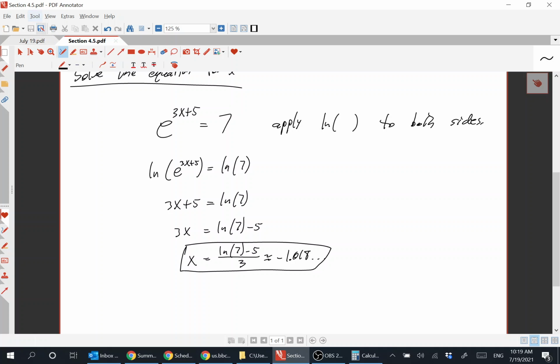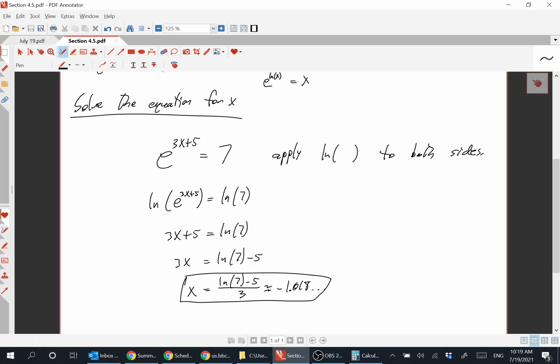Okay, so that's a simple equation where we have an exponential function equal to a constant, and you want to solve for the x in that exponential function.